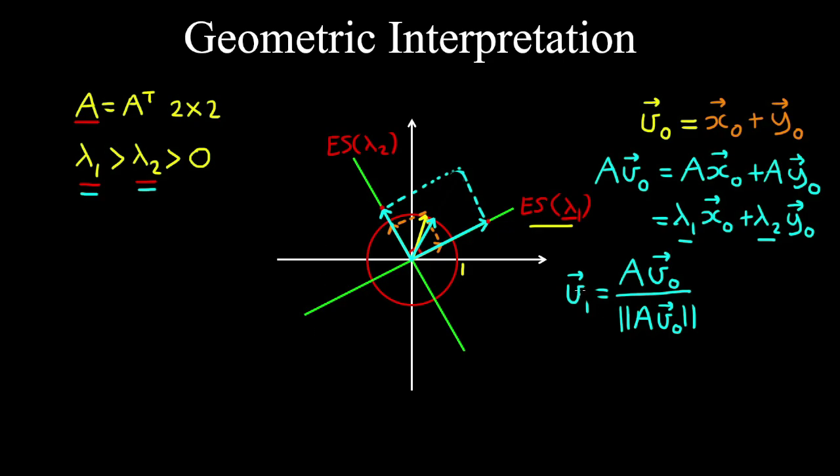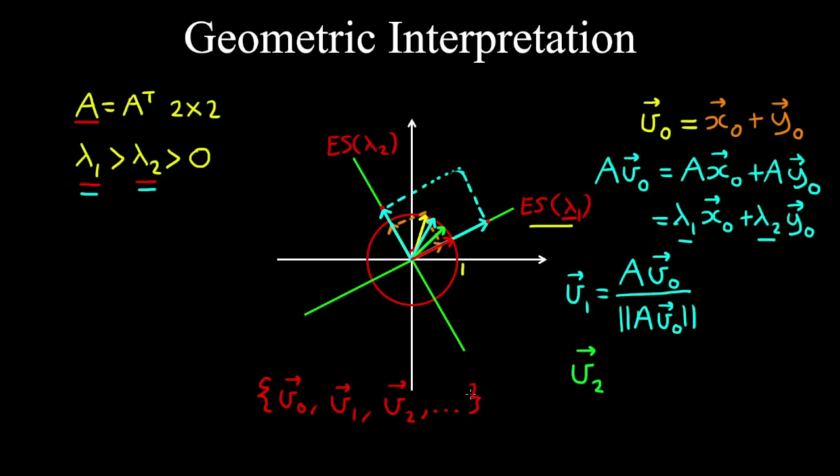So if you do the same for the next iteration, you'd get v2 being even closer to this eigenspace. So effectively we have a sequence of approximations that's converging to a unit eigenvector that's in the eigenspace of the dominant eigenvalue.